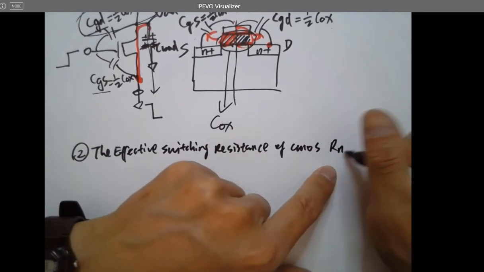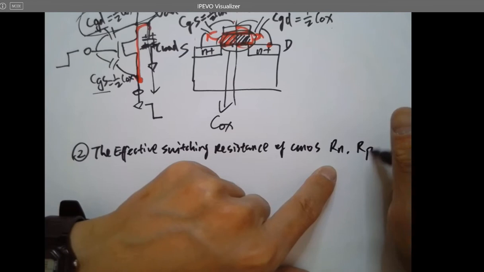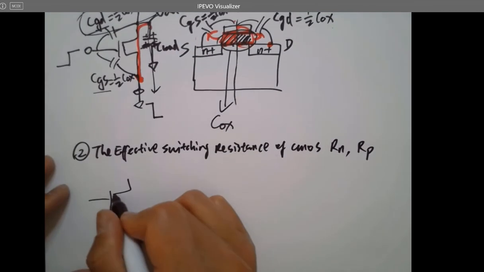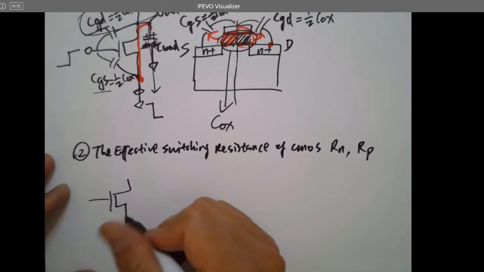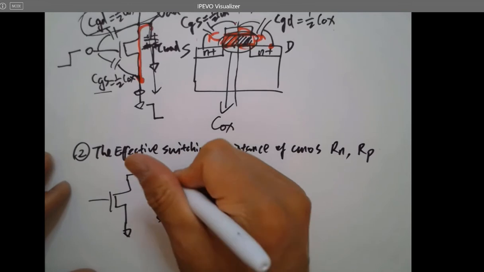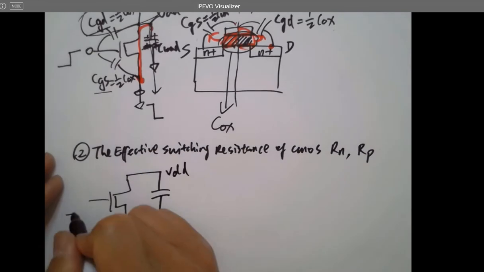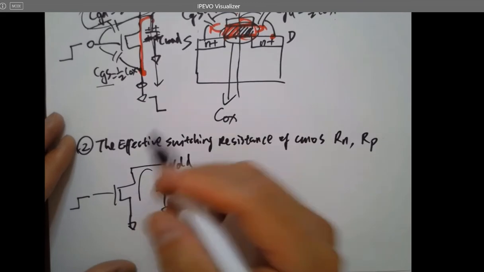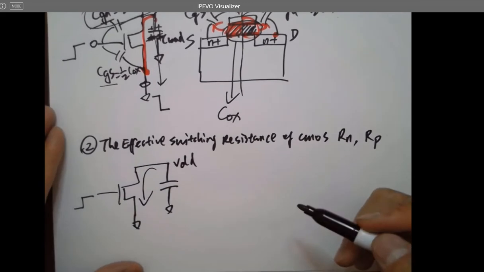So it's going to be Rn or Rp, the channel resistance. For example, I have this circuit and the drain was initially charged up to VDD, and I just turn this gate on. So the current, or charges, will be dumped to the ground through the channel.